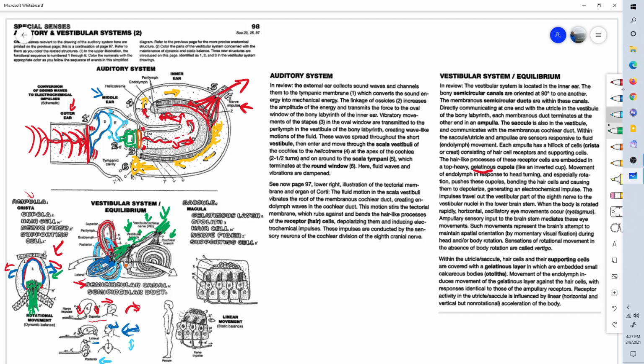Now, if you shake your head back and forth, up and down, well, that's going to shake this fluid around in this posterior semicircular canal.